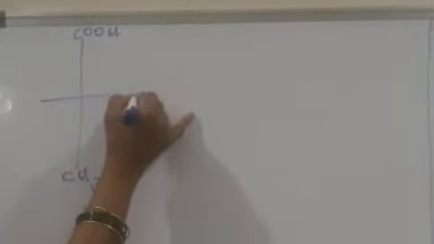For example, lactic acid. Okay, so here we can give example lactic acid. Basing upon that we can give two isomeric forms for lactic acid. So this is lactic acid.